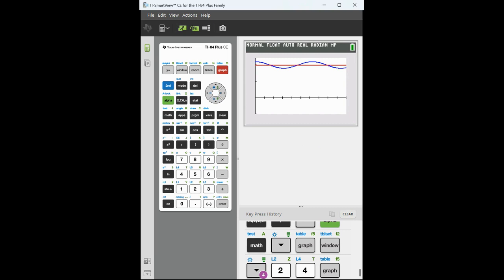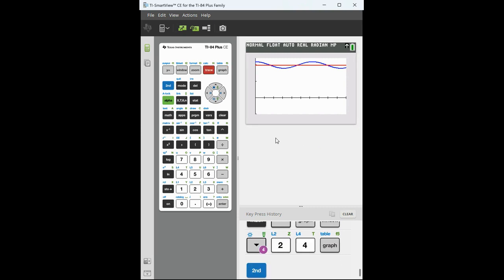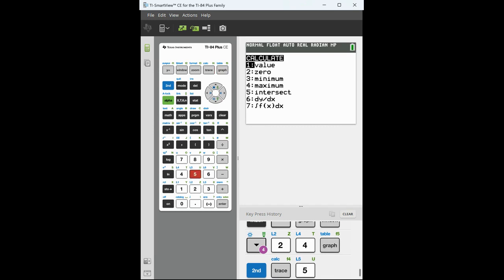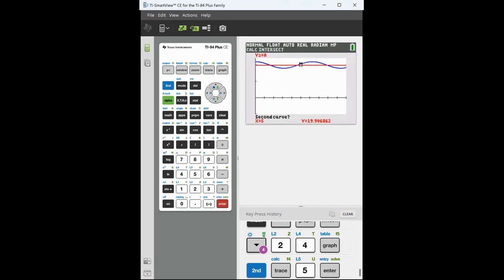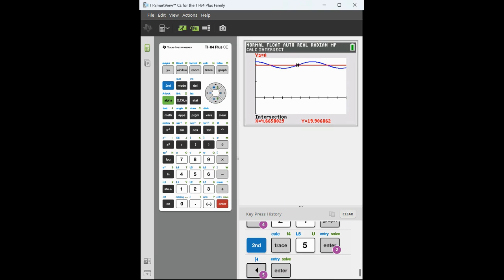So it looks like we have 2 points of intersection that'll work here. So second calc, intersect, first curve, second curve, guess, get close to it. Okay, so my first point of intersection is 4.666. So at 4.666 hours, Varog is traveling at their average velocity.